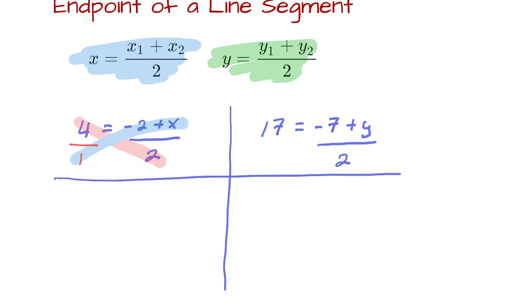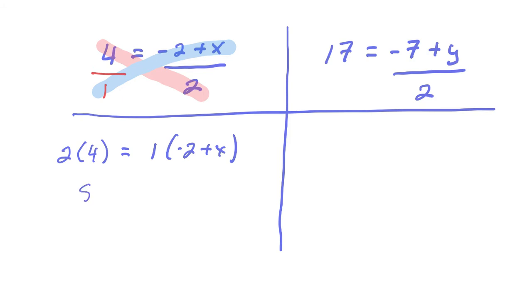So if I cross multiply, it becomes 2 times 4 equals 1 times -2 plus x. This becomes 8. 1 times anything is itself. Bring the 2 across, becomes positive, and then the x portion of that coordinate is 10.